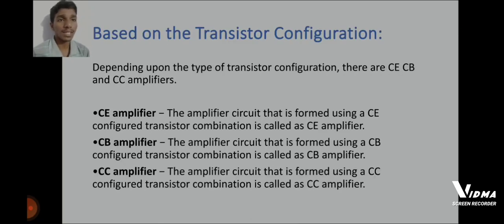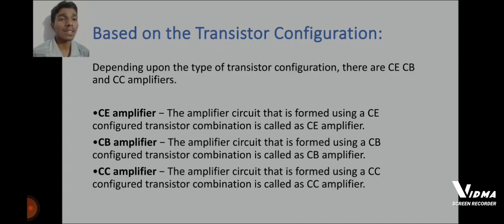Based on the transistor configurations, the amplifiers may be classified as CE amplifier, CB amplifier, and CC amplifier. The common emitter amplifier: the amplifier circuit that is formed using the CE configuration of transistor is called a CE amplifier.